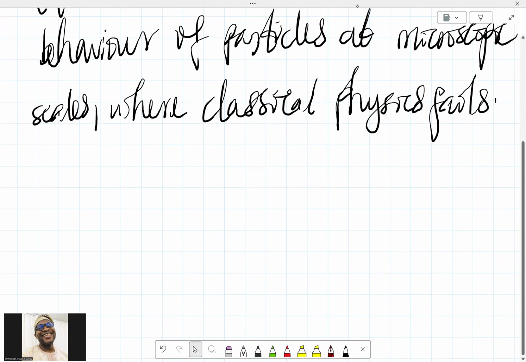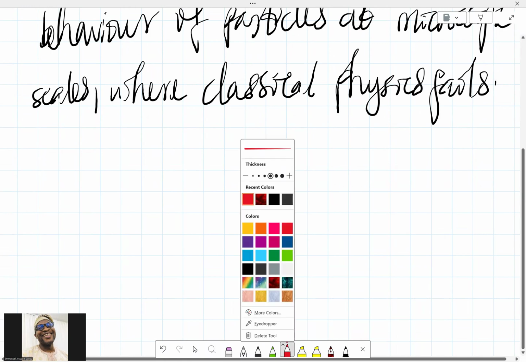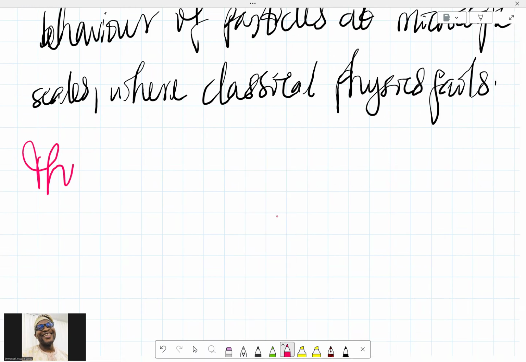Okay, so the Schrödinger equation, together, right?